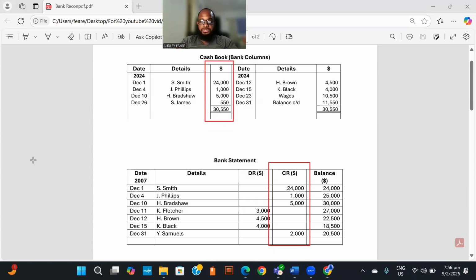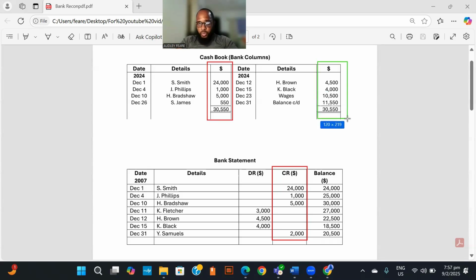That's important to note. Whatever is on our debit side in our books will be on the credit side of the bank statement. And similarly, whatever is on the credit side of our cash book or our payment side will be on the debit side in the bank statement.